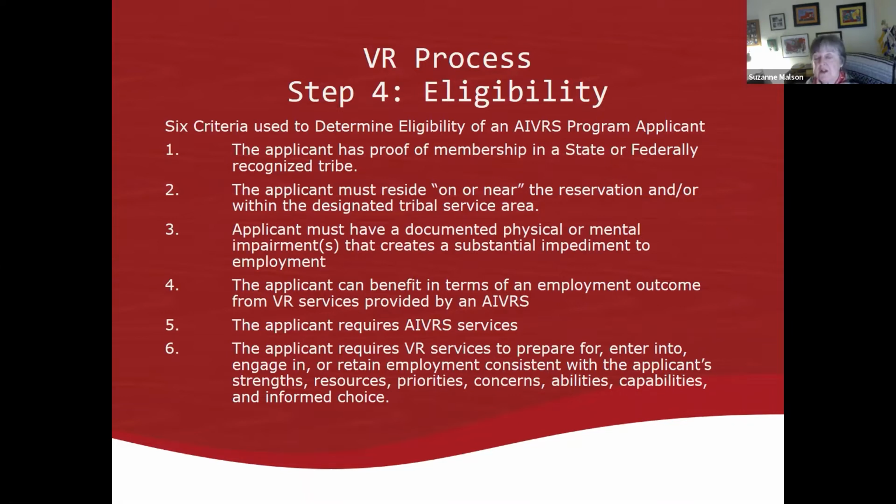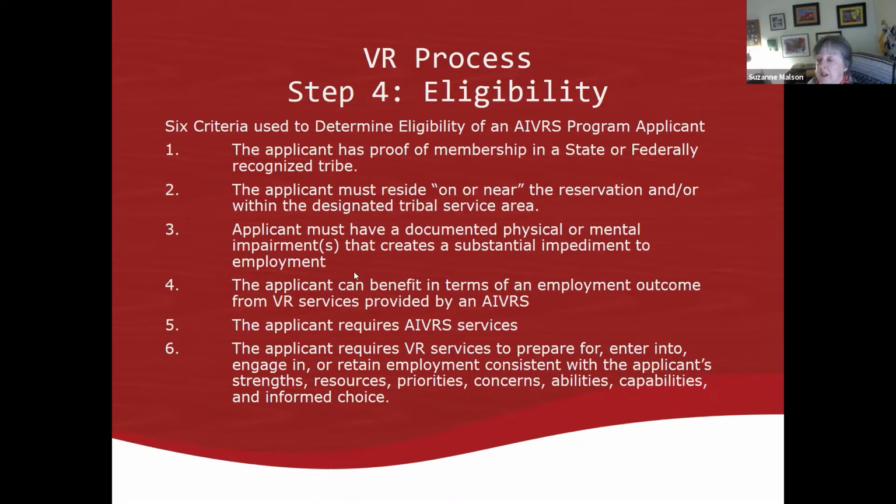Some of you are not just small, some of you take up quite a bit of land, many different communities or counties. So make sure that you have the mileage in all of the communities and counties that make it the designated service area.